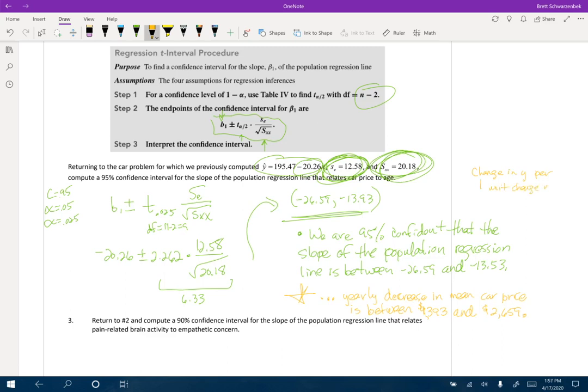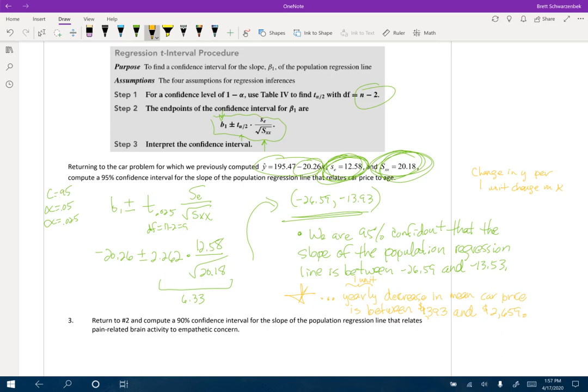Look at this, it says yearly. Age is measured in years, so yearly is 1 unit. And because these are negatives, that means it's decreasing. So there's a yearly 1 unit decrease in mean car price between these amounts.